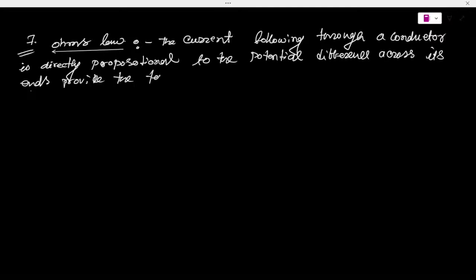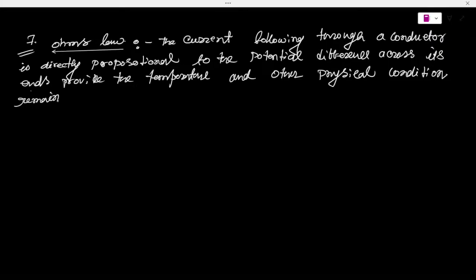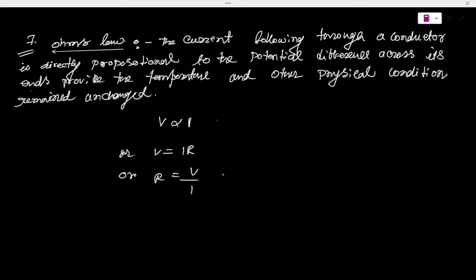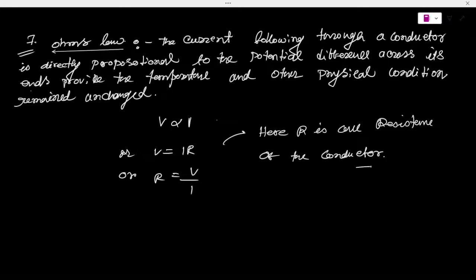So V is proportional to I, or V is equal to IR, or R is equal to V divided by I. Here R is called the resistance of the conductor.